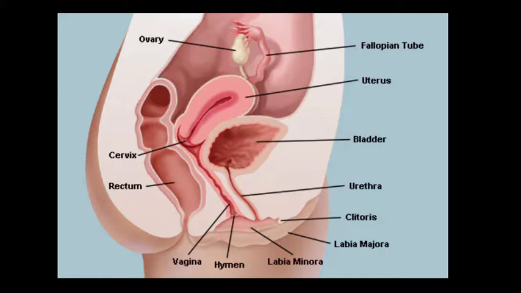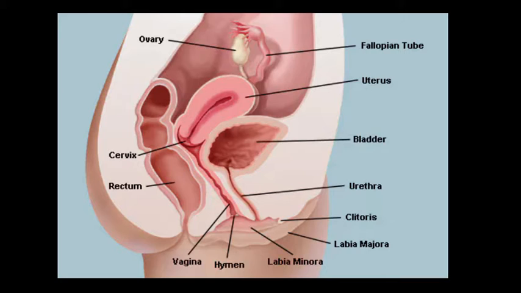Before describing the primary sex organ, secondary sex organs, or external genitalia of the female reproductive system, we have to look at some important structures, as you see in the slide. There is the ovary. The ovary produces egg cells, which we call ova or oocytes.